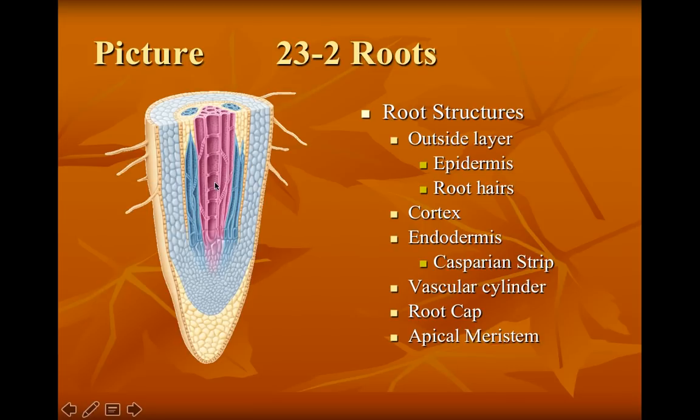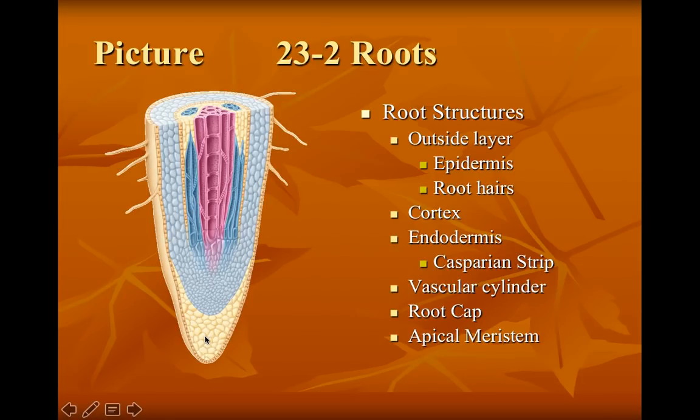I know it's not labeled here, but the purple is the xylem. Xylem tends to be in the very middle with dicots like this, and then the dark blue is the phloem.